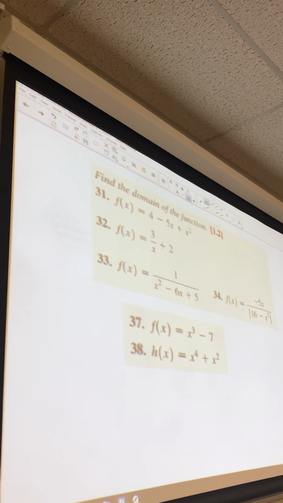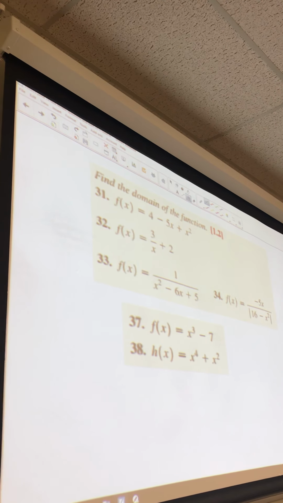It's negative infinity to infinity. But the domain, remember, is the set of all the numbers you can plug in and work the problem to get an answer. And there were two kinds of problems where there's some numbers that when you try to plug them in, you won't be able to work the problem, and they would be undefined.